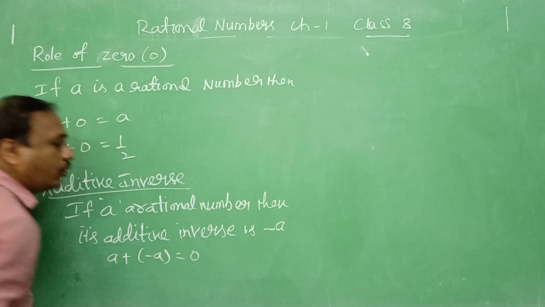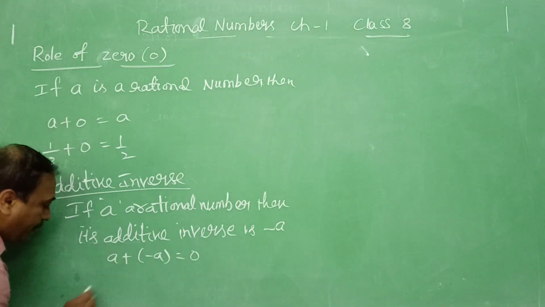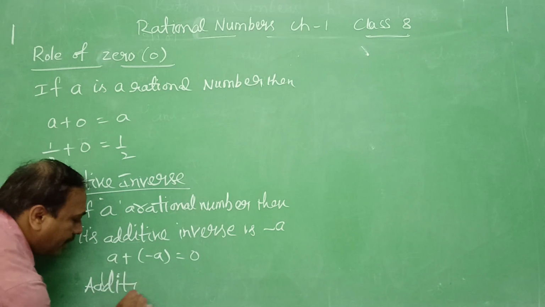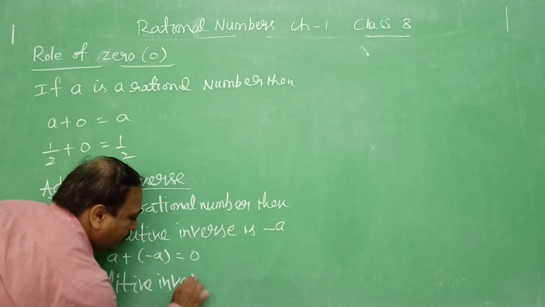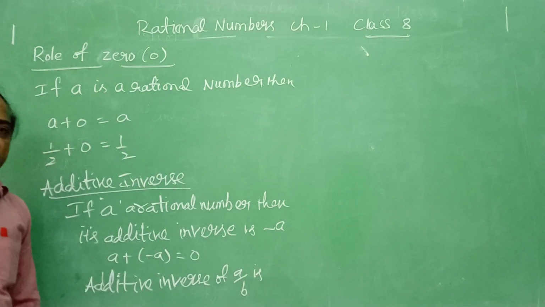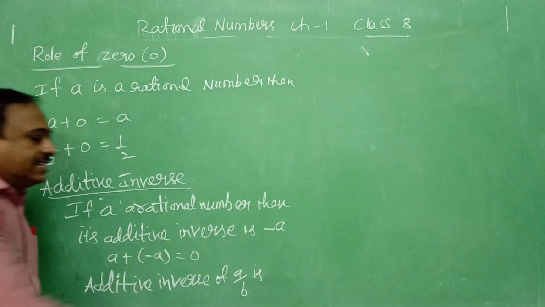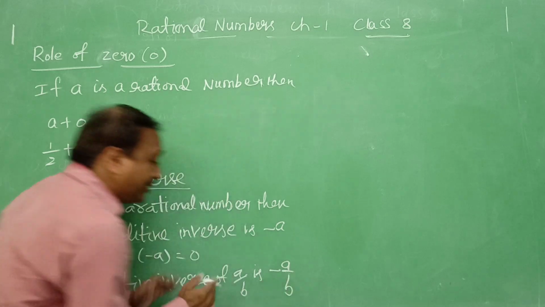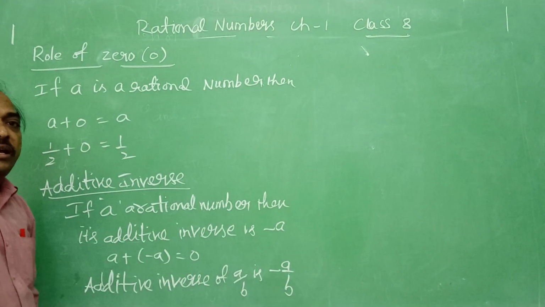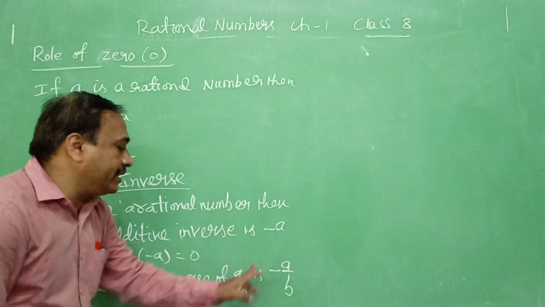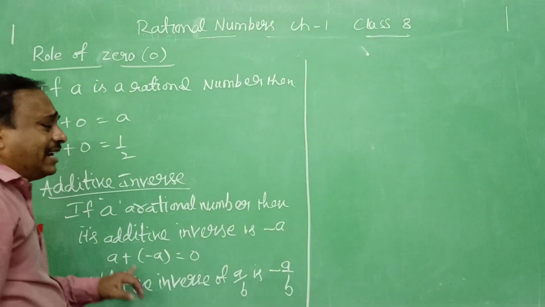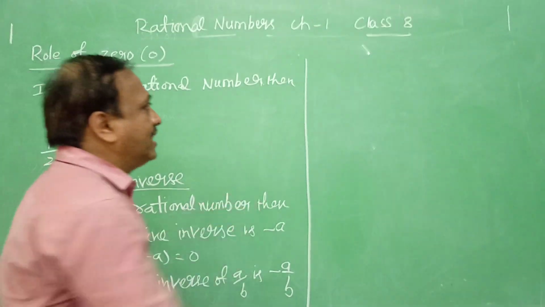Suppose A by B, what is the additive inverse of A by B? It is minus A by B. We are not changing anything. The additive inverse of A by B is minus A by B. That means if you add a number and its additive inverse, the result is 0.